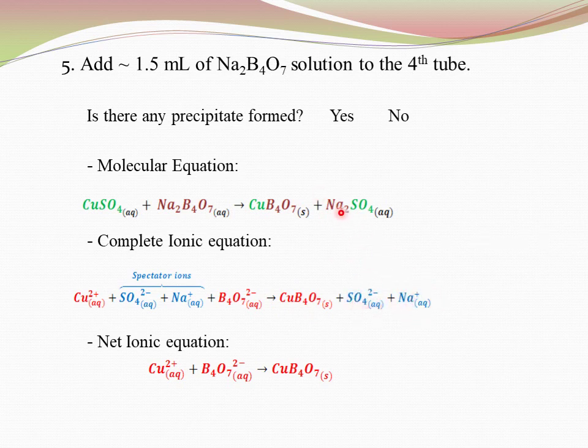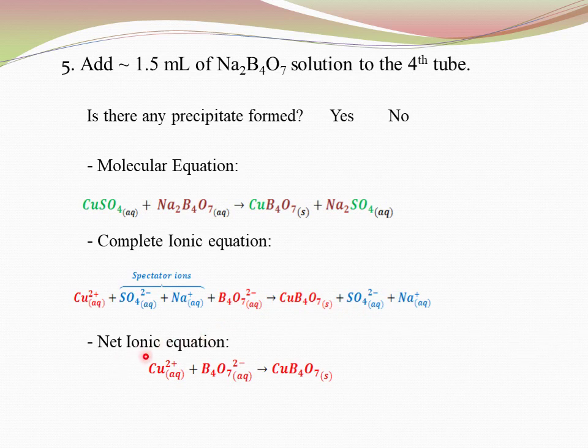Here you have sodium and sulfate. So the precipitate here is copper borate, and the spectator ions are sulfate and sodium. So sodium ion and sulfate ion are spectator ions.